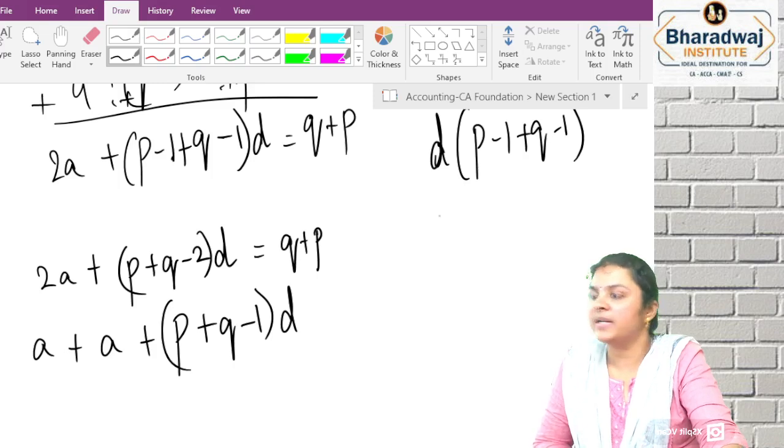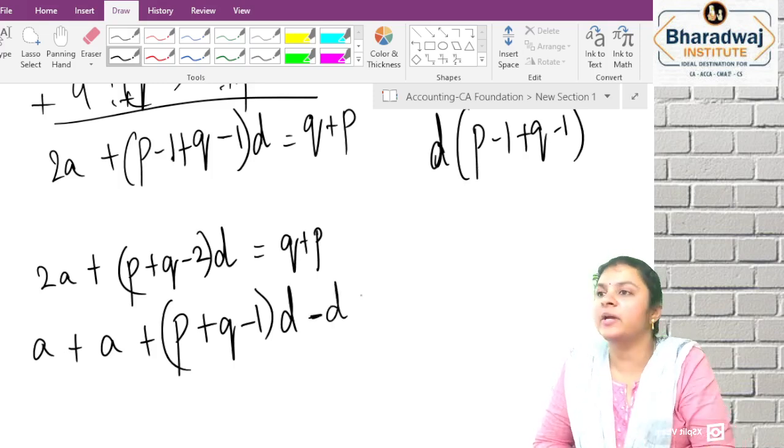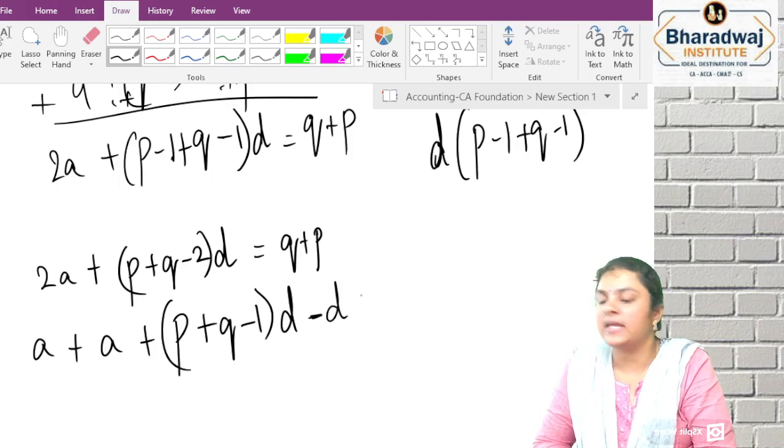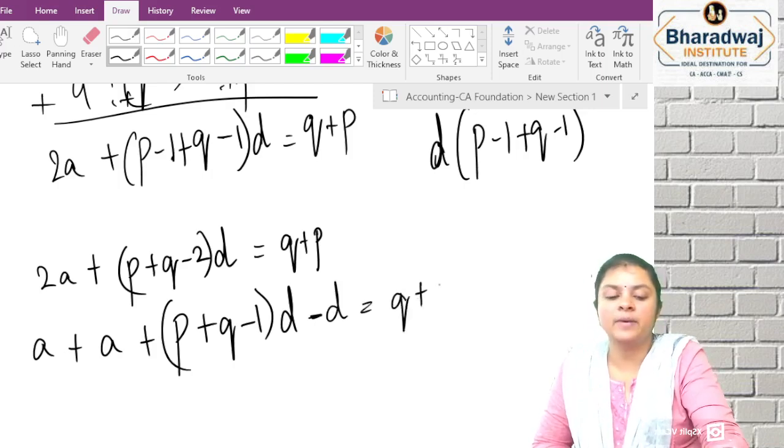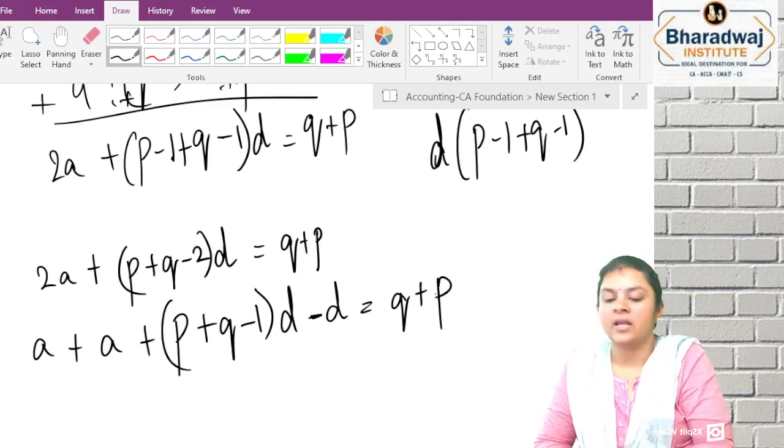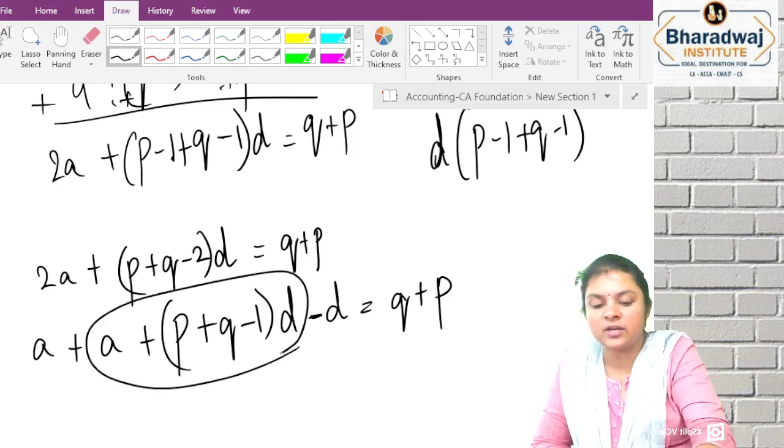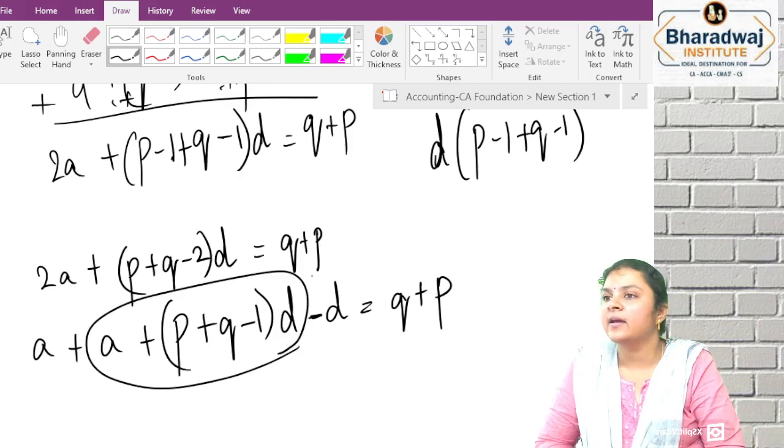Again 1 minus 1 is left out, so I am writing it as minus 1 into D, which is minus D, is equal to Q plus P.